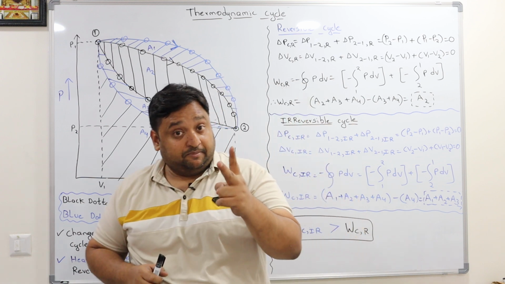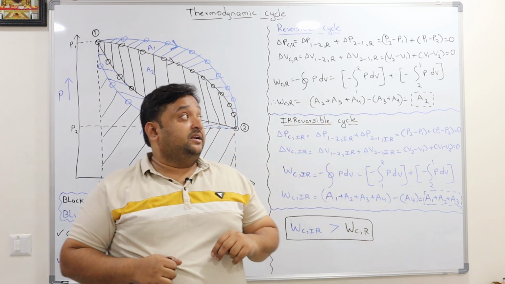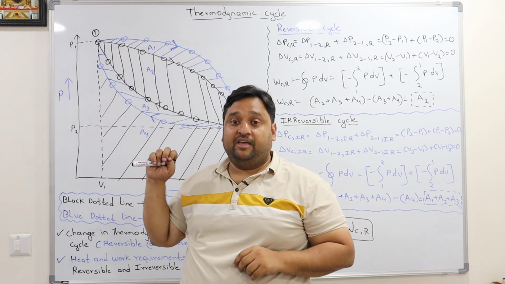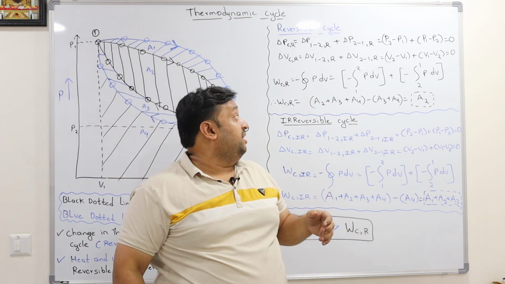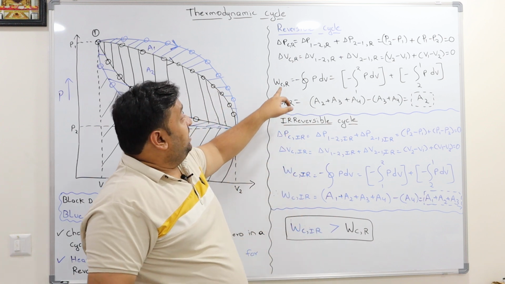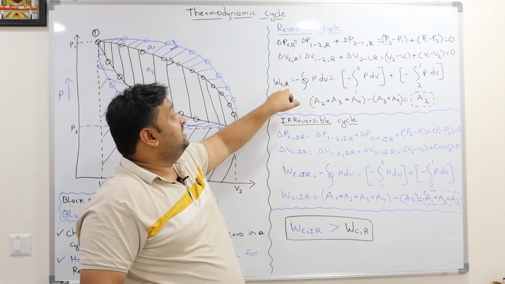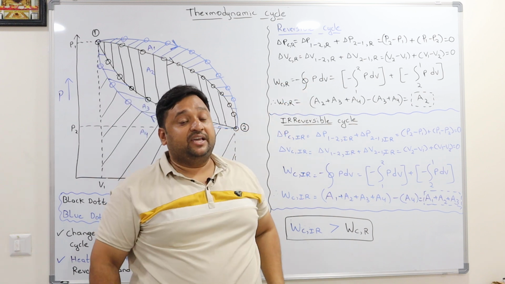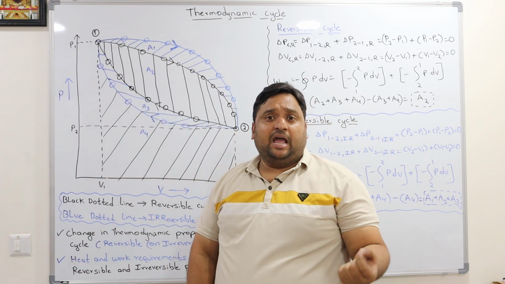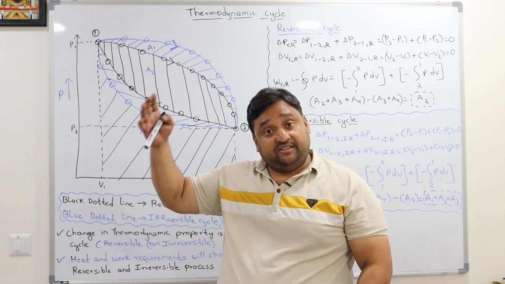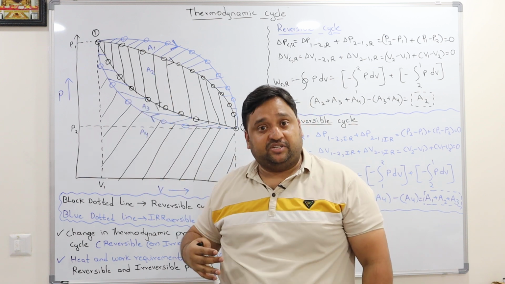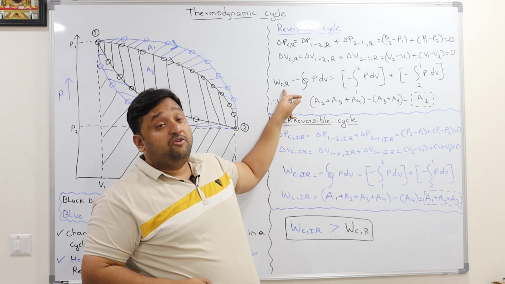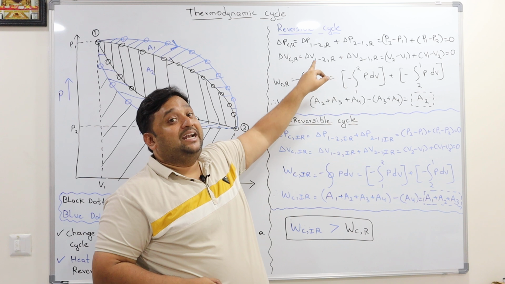But in my second statement, let us calculate the work in this reversible cycle, because I am talking about displacement work. The work in a reversible cycle is equal to minus the cycle integral of P dV. This is the general formula, and why there is a minus I will discuss in subsequent lectures. Presently, take it as given: to calculate the work, you use minus integral P dV.